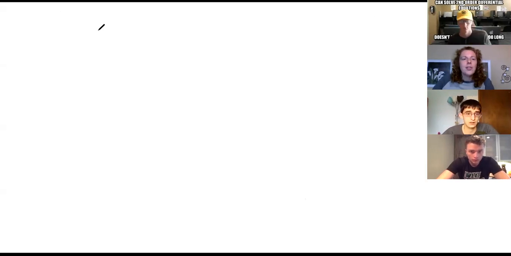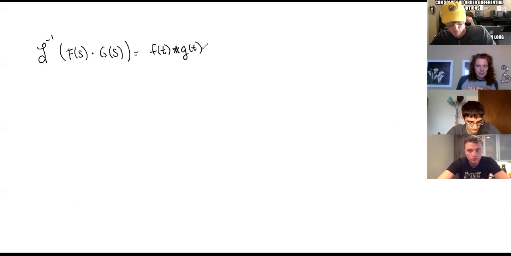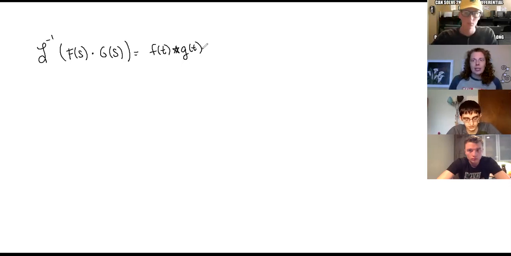Here's the thing you want to remember. The inverse Laplace transform of capital F of s times capital G of s is the convolution of the two original functions. For example, we're not going to work through this one because I don't have it written out, and I'm sure the convolution would be terrible, but we can do this.